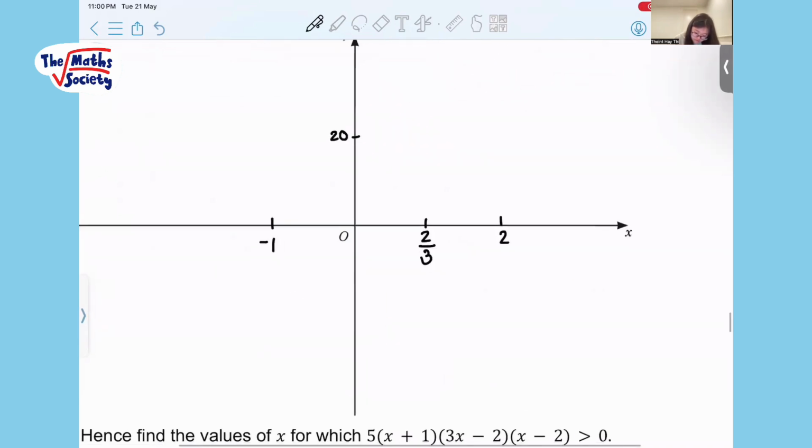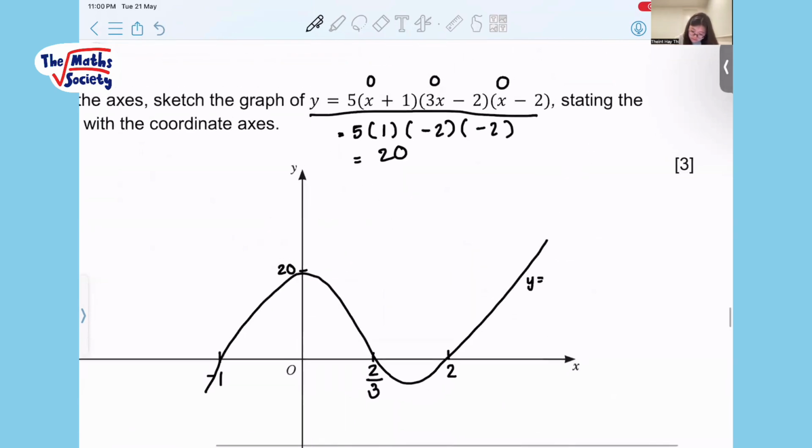And then we just have to draw a parabola as well. And then we just label it y equals 5, x plus 1, 3x minus 2, and x minus 2.